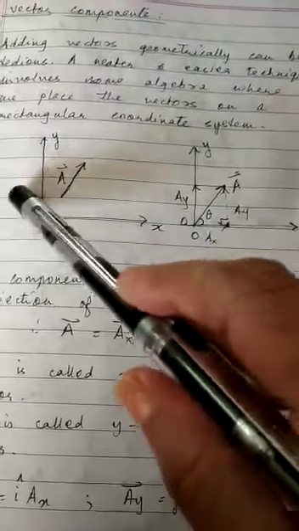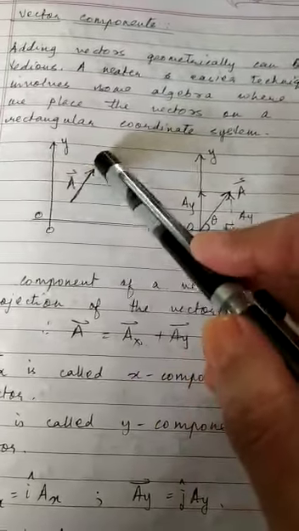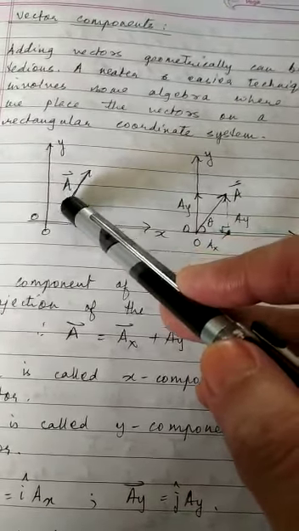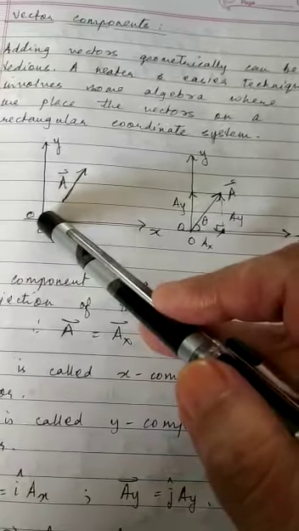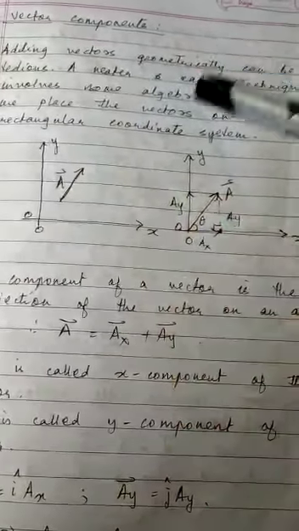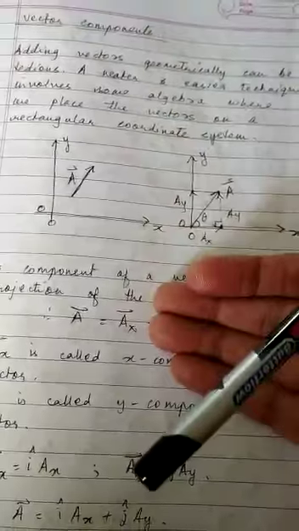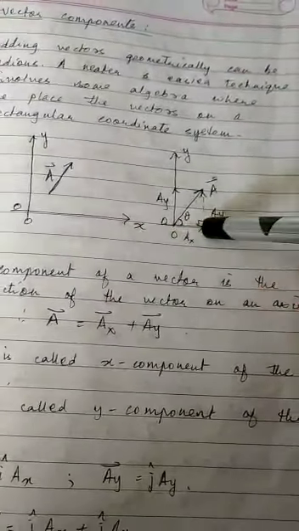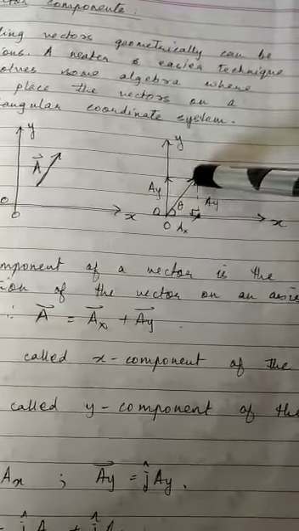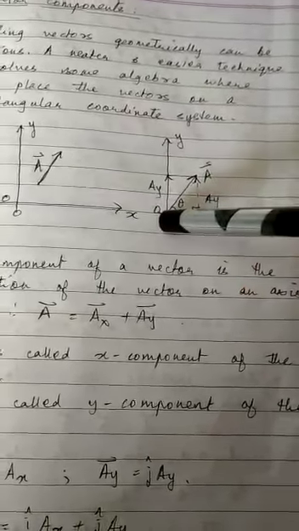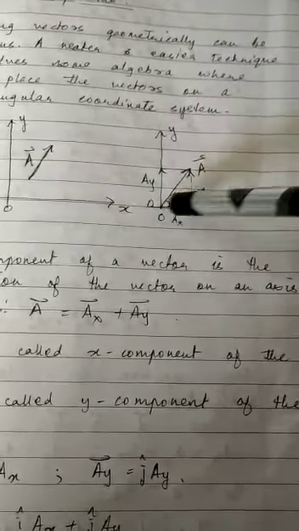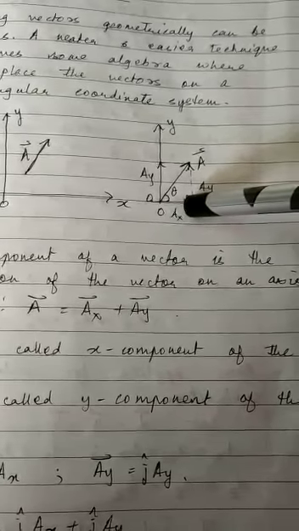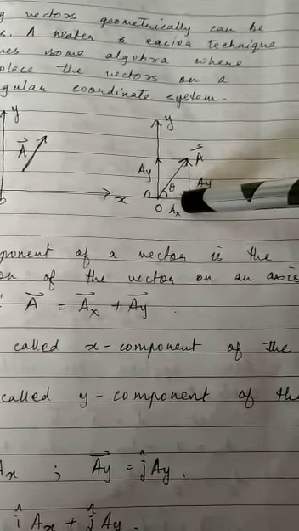Now suppose this is the xy coordinate system and I have a vector in this direction. I translate the vector parallel to itself. When a vector is translated parallel to itself, it remains the same because I have not changed its length nor its direction. So I translate it parallel to itself and draw it from the origin of the xy coordinate system. Then I draw a perpendicular on the x-axis.